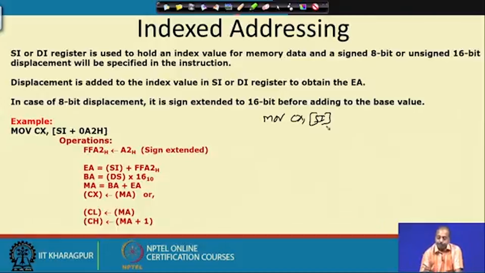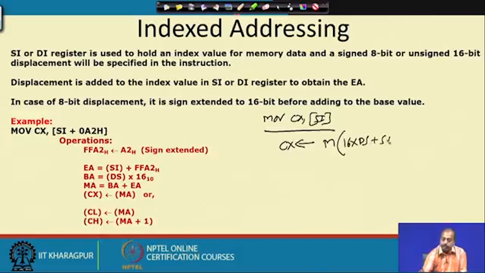That is why SI and DI have been put into a separate mode. In this case, the CX register will get the content of the memory location whose address is given by 16 into DS plus SI.